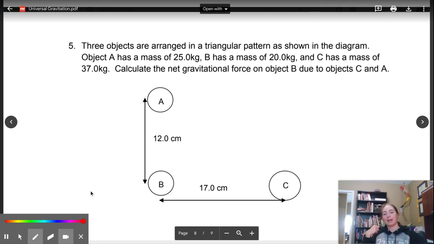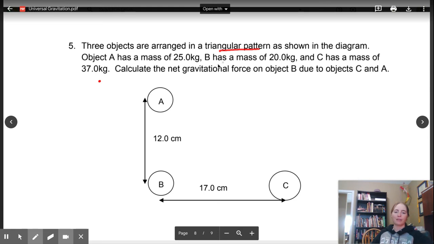Okay. All right, so ladies and gentlemen, we've got 3 objects arranged in a triangular pattern as shown in the diagram. Object A has a mass of 25 kilograms. Object B has a mass of 20 kilograms. And object C has a mass of 37 kilograms.